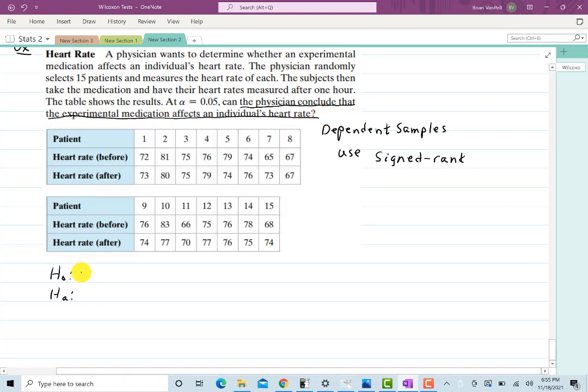I can say H0: there's no difference in before versus after heart rates.